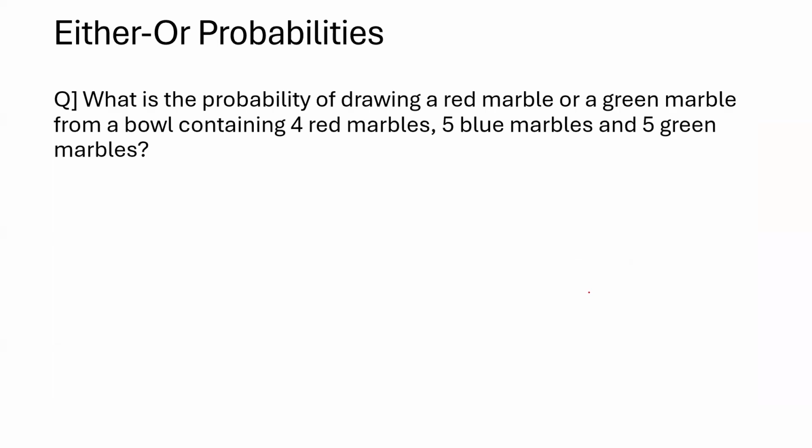They are saying, what is the probability of drawing a red marble or, you can see this word or, a green marble from a bowl containing 4 red, 5 blue, and 5 green marbles? So again, you have a bowl full of balls, where you have 4 red, 5 blue, and 5 green marbles.